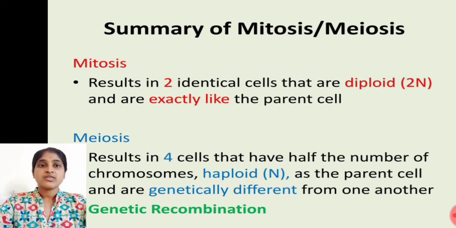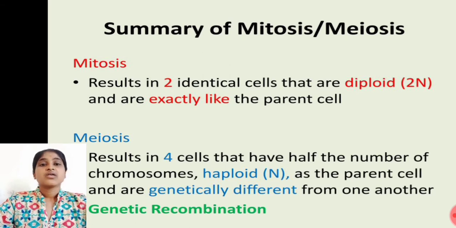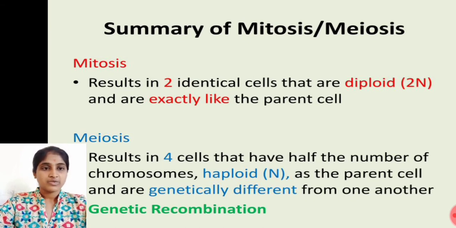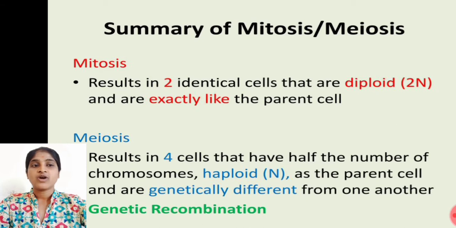Mitosis results in two identical cells that are diploid and exactly like the parent cell. Here in mitosis we get only two daughter cells. These have the diploid number, 2n, and diploid number means 46 chromosomes. Next, meiosis results in four cells that have half the number of chromosomes, haploid or n number, as the parent cell, and are genetically different from one another.